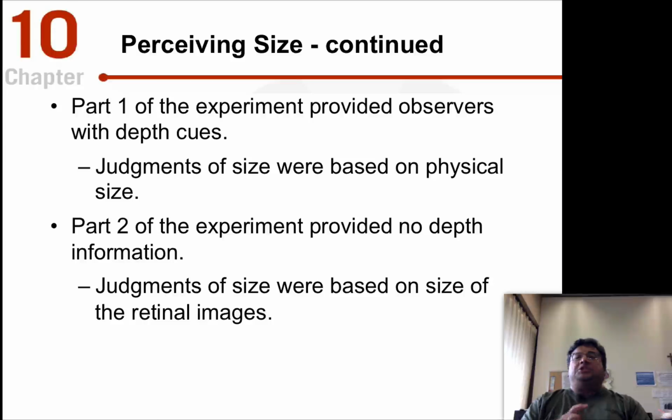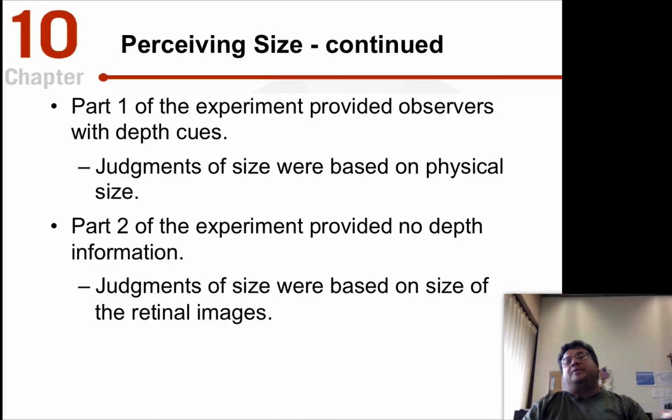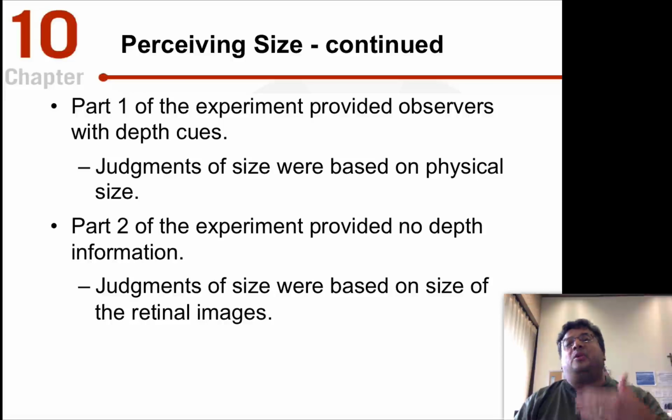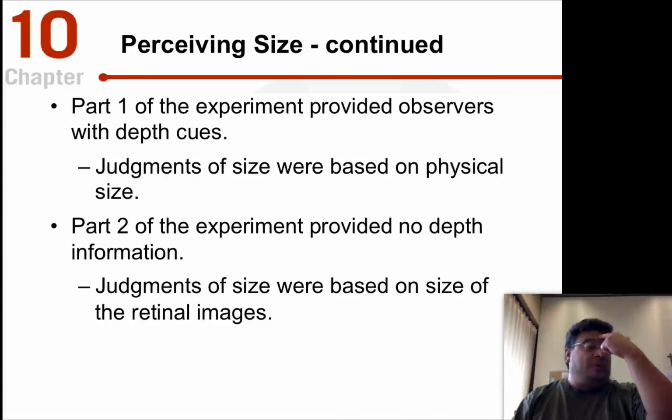So the judgments the subjects used to judge how far away the spot of light was were based on the physical size of the dot. If you think about it, they can do that because they know how far away it is. If I know how far away something is based on some other cues, I know what the physical size is.